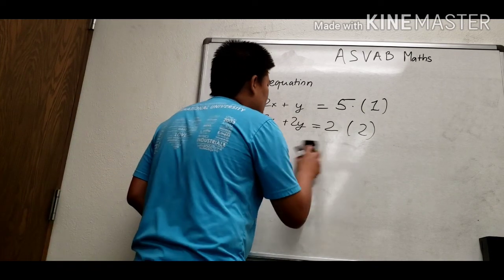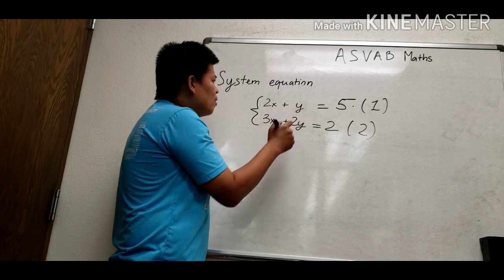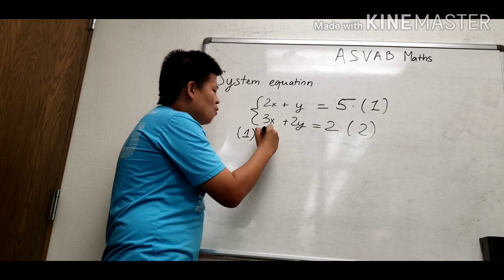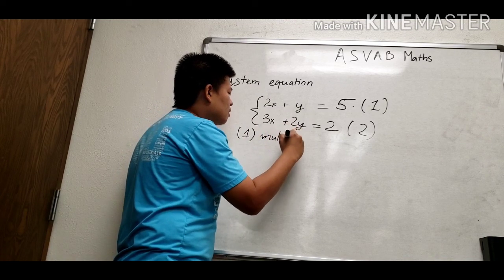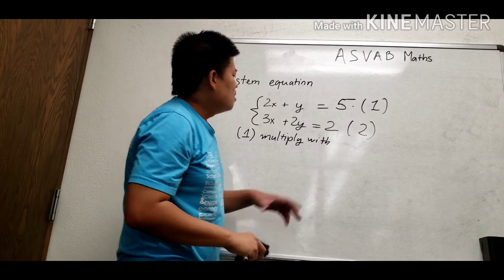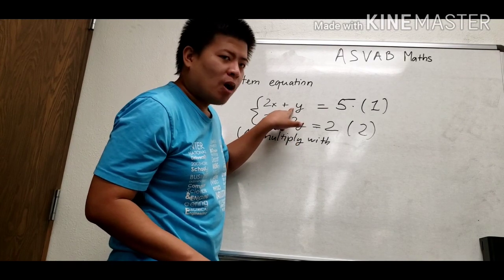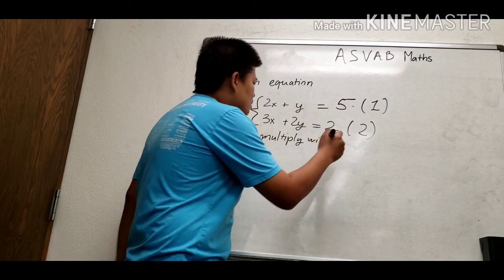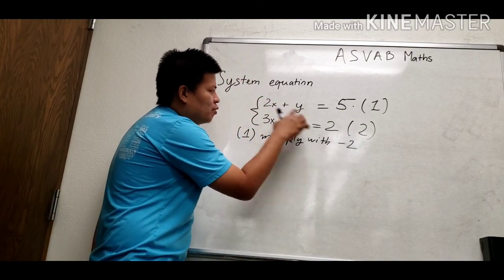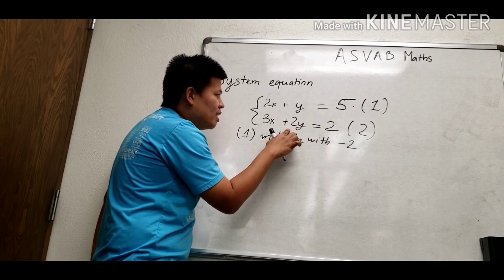So in here, to eliminate one variable, we use equation number 1. We multiply with... So if you want to cancel both y in here, we need to multiply with -2, because when we put the -2 in this equation number 1, -2y plus 2y, they will eliminate.